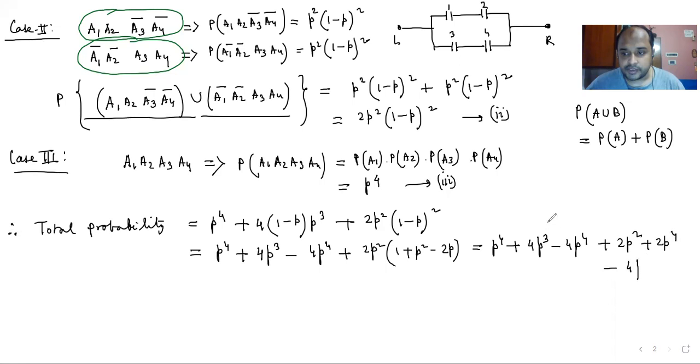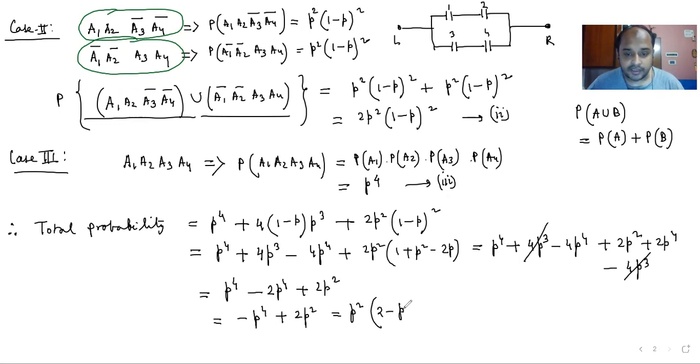This will cancel one another, and this will become P to the power 4 minus, minus 4P to the power 4 plus 2P to the power 4, that is minus 2P to the power 4 plus 2P square. This becomes minus P to the power 4 plus 2P square, and if I take P square common, this will be P square into 2 minus P square. So this is the answer to our given question.